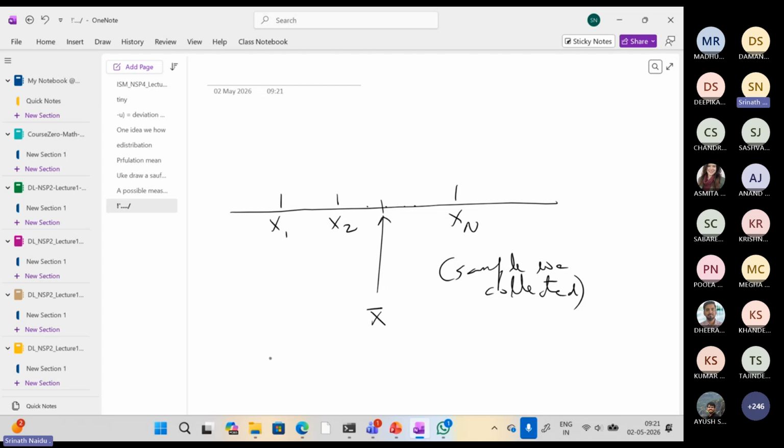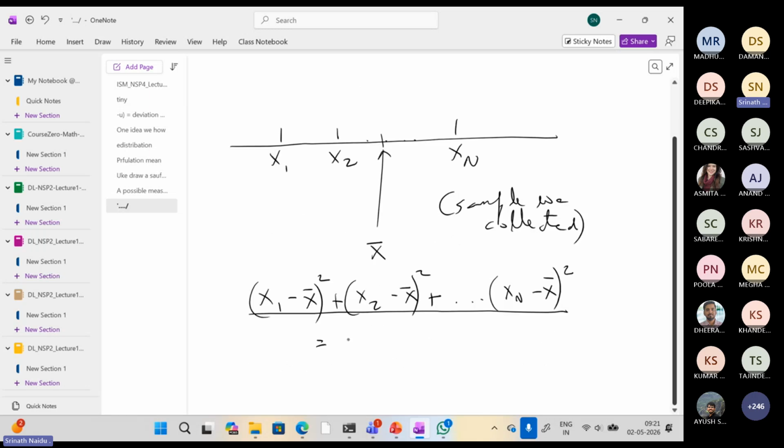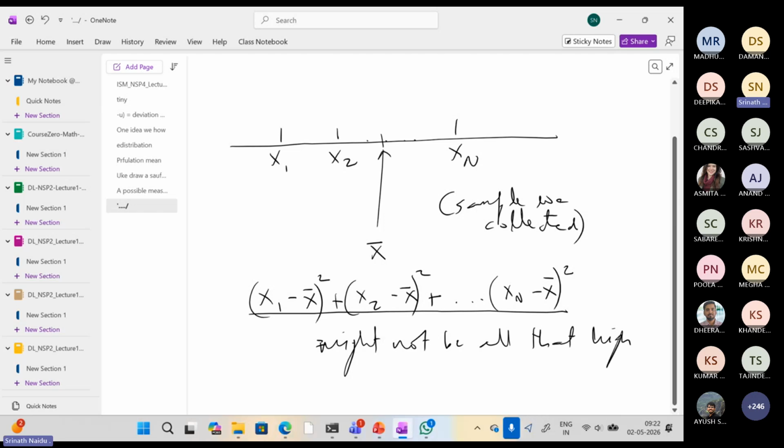Now, if I take x1 minus x bar the whole squared plus x2 minus x bar the whole squared plus so on and so forth, xn minus x bar the whole squared, and take just the sum here, don't divide by n right now, if you take this sum, it might not be all that high, because this x bar already has some knowledge of the data.